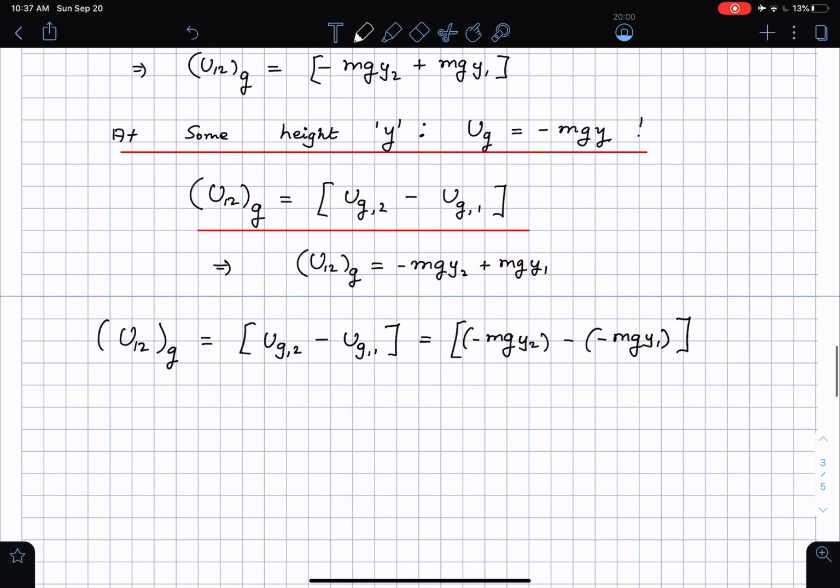Okay, so here U12g is the work done by the force of gravity on the particle.